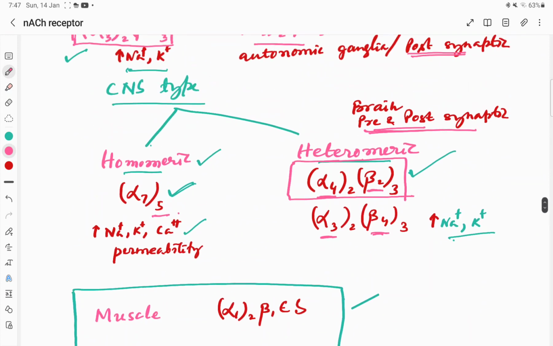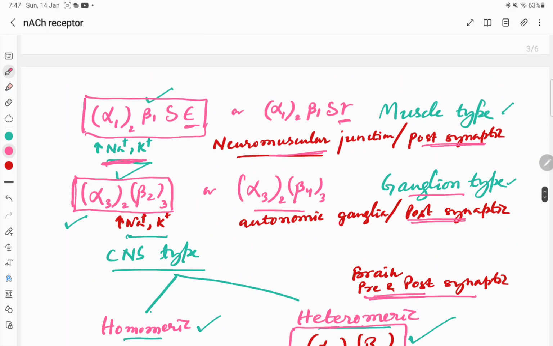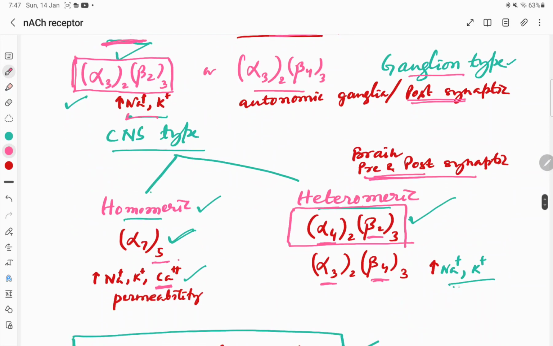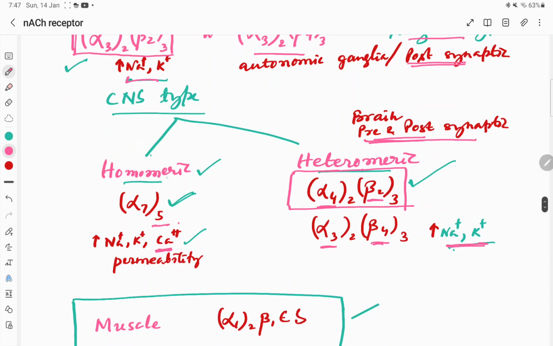And again, this homomeric one is permeable to calcium in addition to sodium and potassium. All the other receptors are permeable to sodium and potassium, but this homomeric CNS type nicotinic acetylcholine receptor, which consists of all the 5 subunits as alpha 7, is permeable to calcium in addition to sodium and potassium.